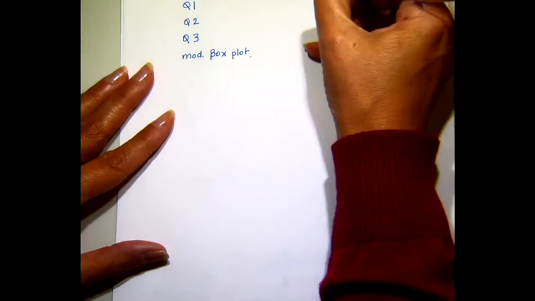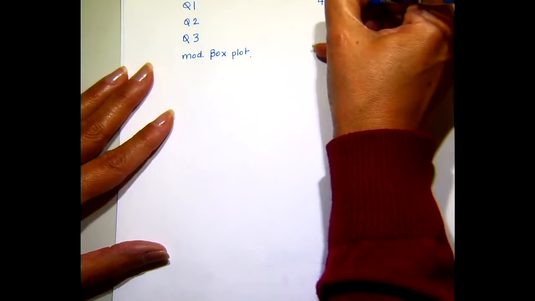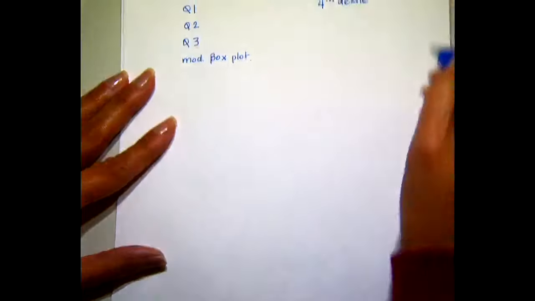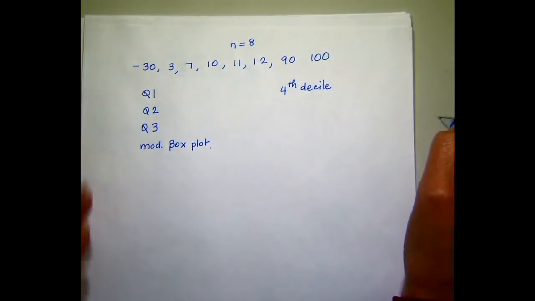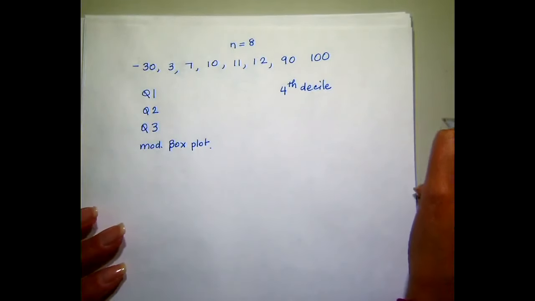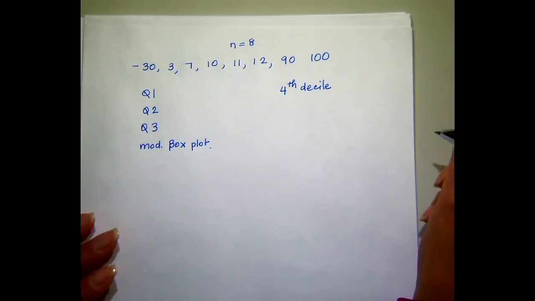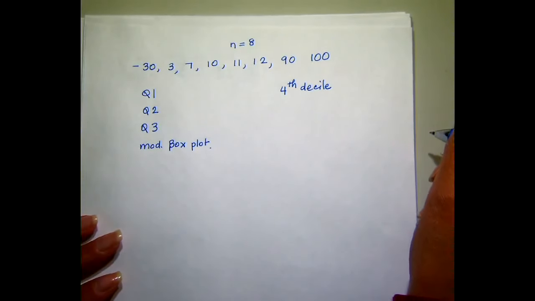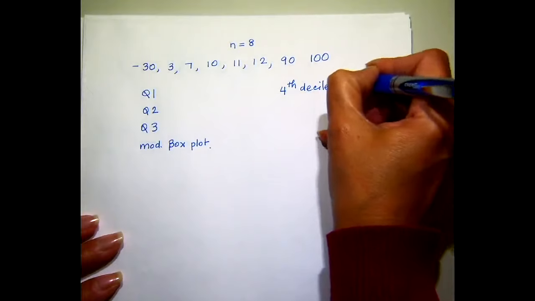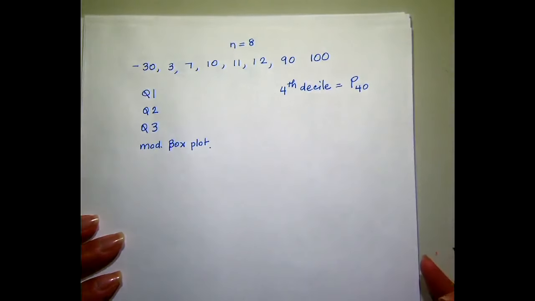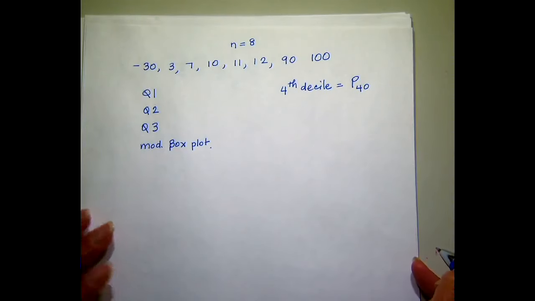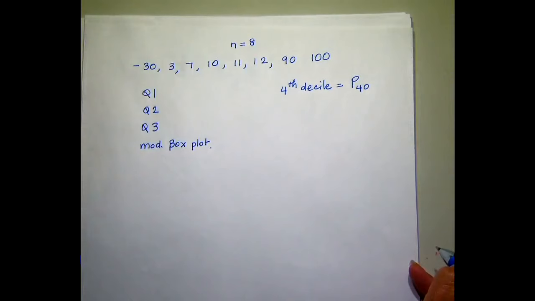Can you also find me the fourth decile? Fourth decile is what percentile? Right, this is P40. So understand that this data has been ordered for you, but on the test it may not be in order. So you would first order the data.